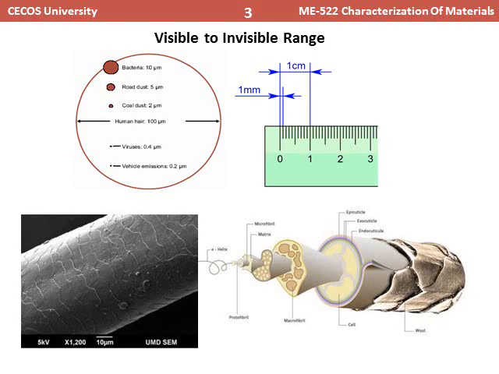The bar you can see represents 10 micrometer. If you multiply this 10 micrometer by 10, you will get the diameter of this hair, which is nearly 100 micrometer, as shown on the top right hand side of this slide as a big circle.